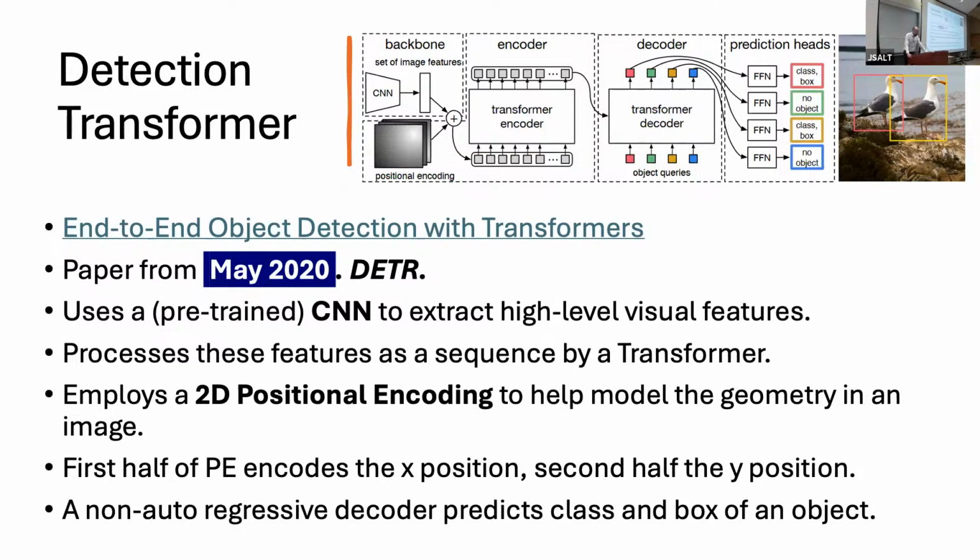But in this approach, what you do is take the output of your decoder, so your decoded vector, and you just use some classification head and some regression head. Again, it's the same as in Faster R-CNN. And you just classify it either as one of the classes or as no object.